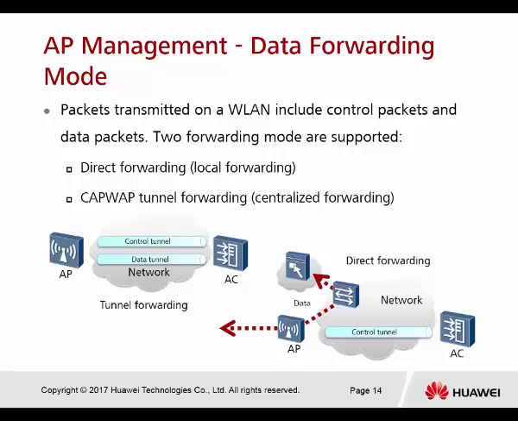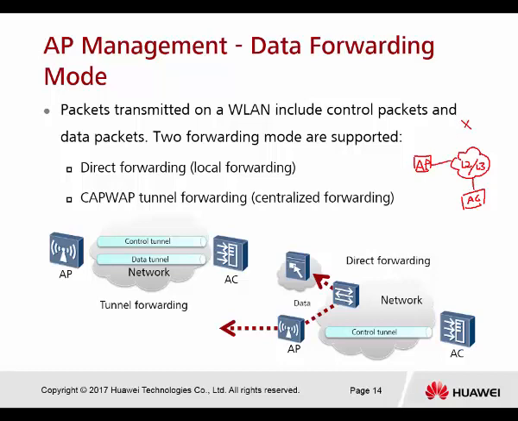Okay, maybe I'll try to draw another example. I'm going to put this one as my AP. I don't care whether this is a layer 2 network or layer 3. And right here I have one controller, I put AC, connected.